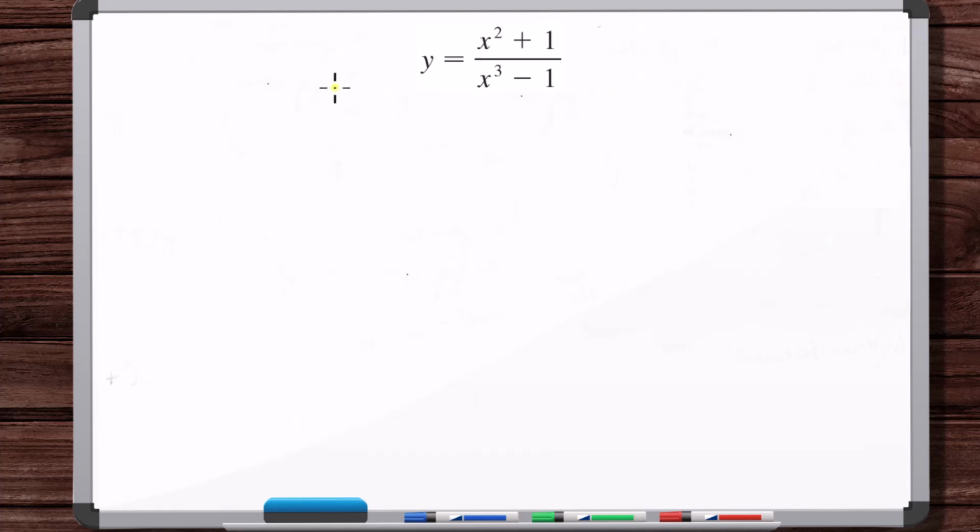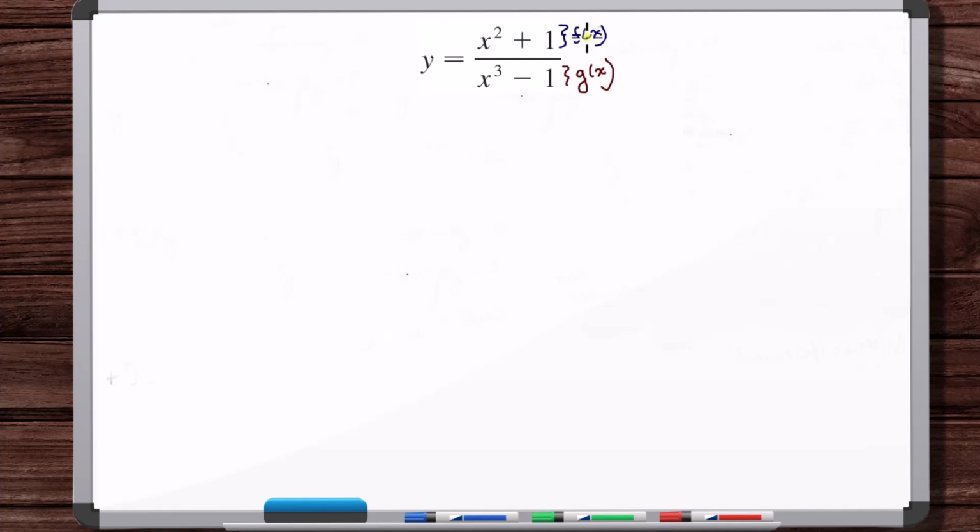Okay. We could consider factoring this difference of cubes, x cubed minus 1 cubed, and see what happens, but let's just use the quotient rule here. So this is f of x, and this is g of x.